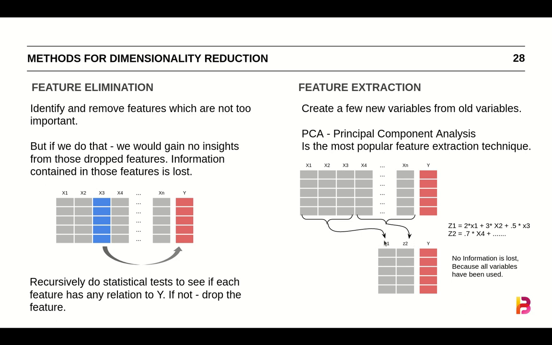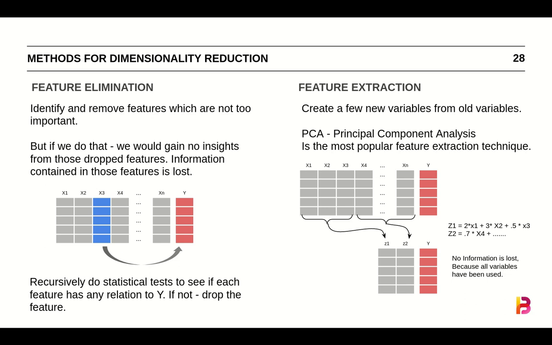Because each feature has captured some information from all the features, we have not lost any information. So this is a summary version of the data. Without losing data, we have been able to squeeze this data set into a slimmer version of it. This way of reducing the dimensionality is called feature extraction.